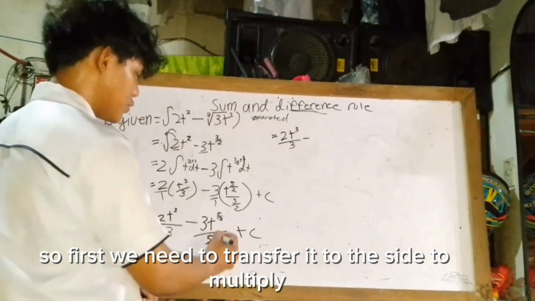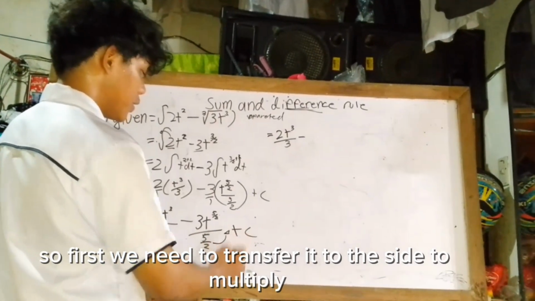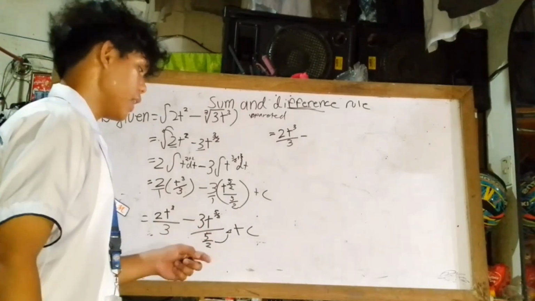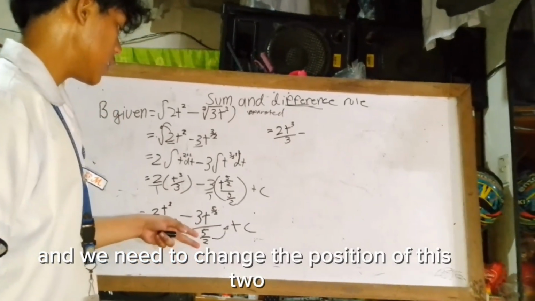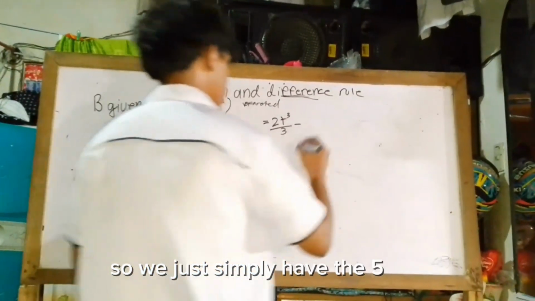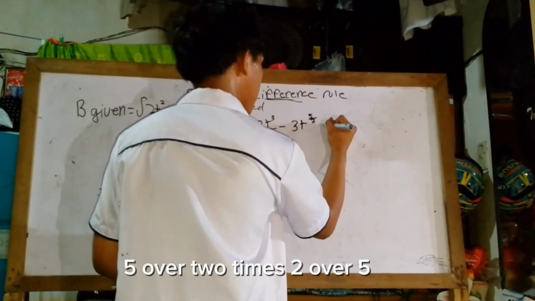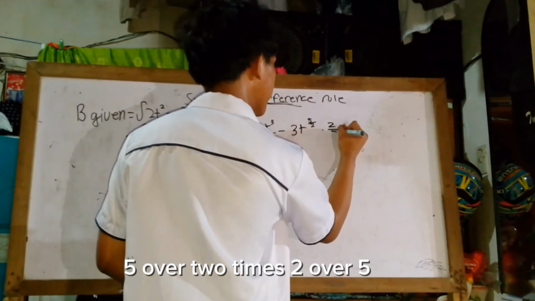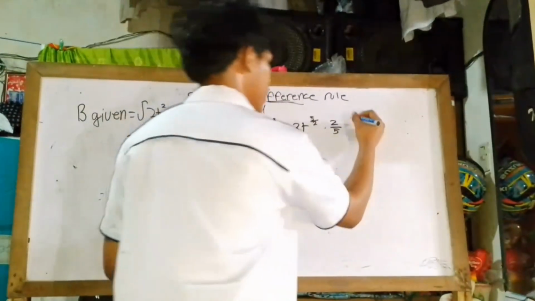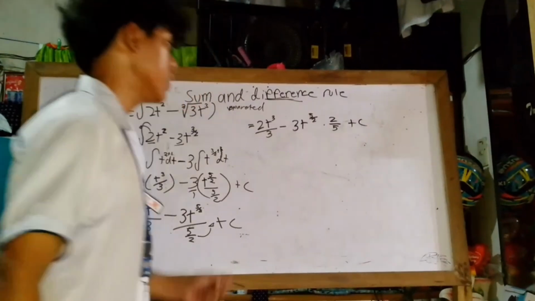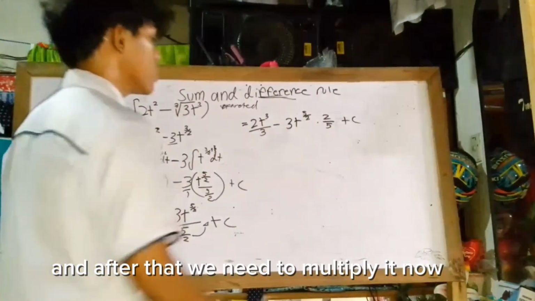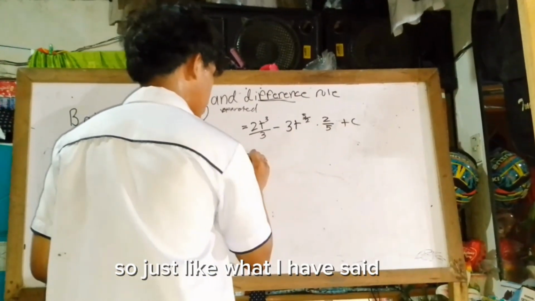So first we need to transfer it to the side to multiply, and we need to change the position of these two. So we just simply have the 5 over 2 times 2 over 5, of course the plus c, and after that we need to multiply it now.